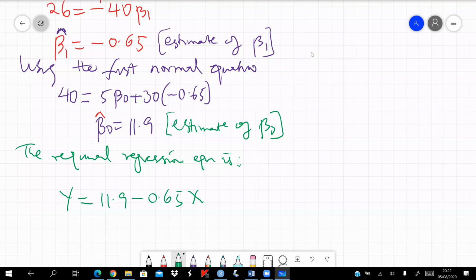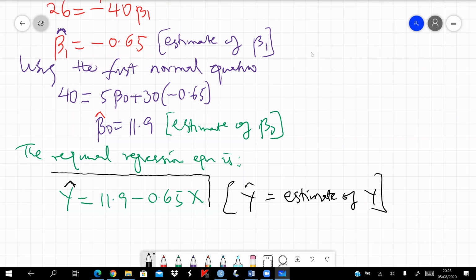But because beta naught and beta 1 are estimates, even the value of y will be an estimate also. So you put a hat there. That is an estimate of y, not the true value of y. Okay, so this is the equation that you can use to make predictions.